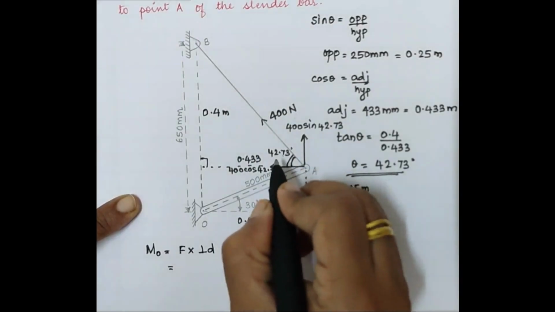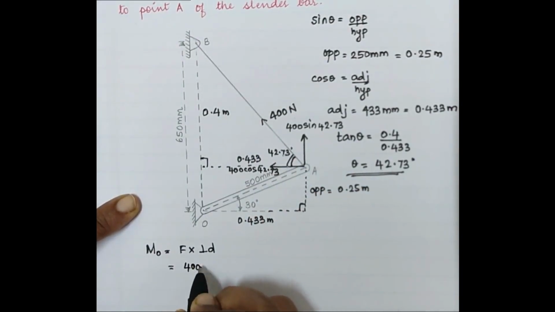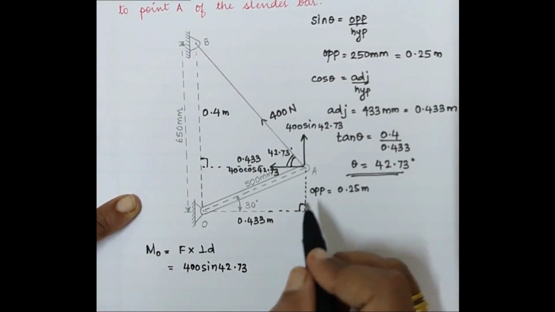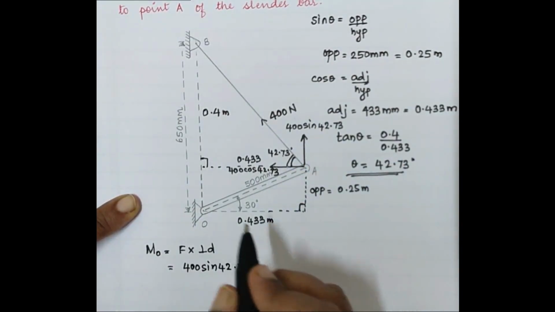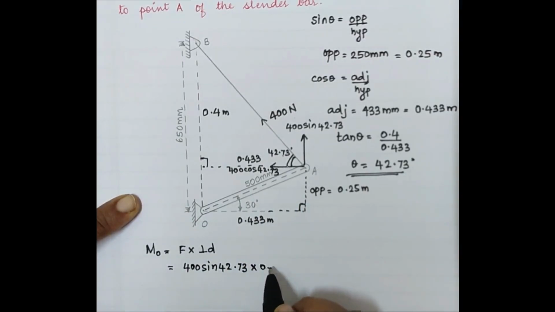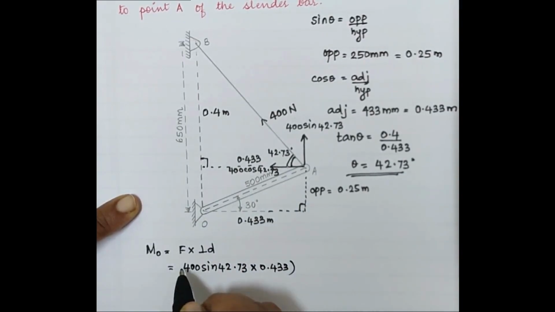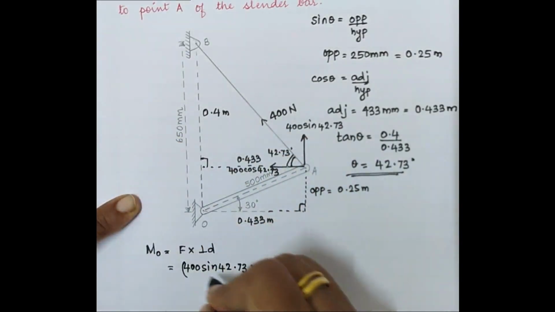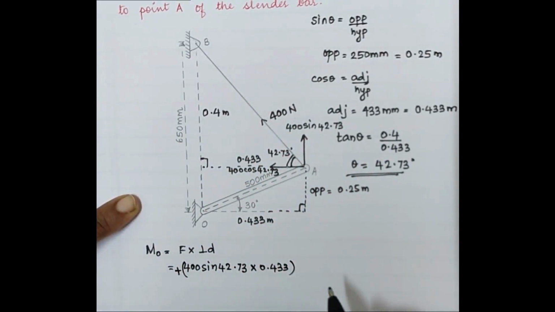Therefore, let's consider the 400 sin 42.73 force, which is vertical. Therefore, we need a horizontal distance which comes out to be 0.433, and this takes us into an anti-clockwise motion. Therefore, we term it as positive.